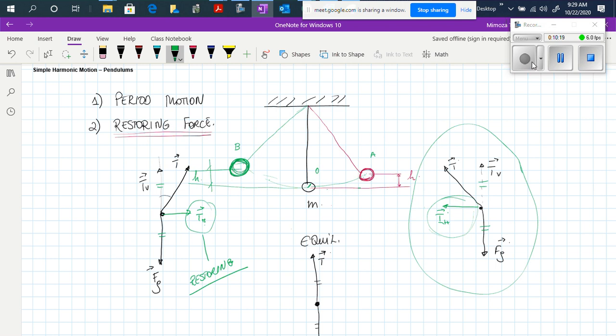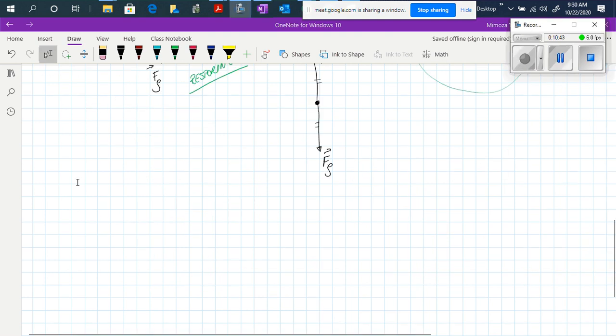So even when we go on the left side or the right side of the equilibrium, the restoring force will always be toward the equilibrium. And the restoring force in the pendulum is the horizontal component of the tension of the string. Clear?